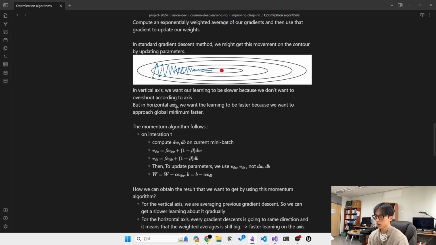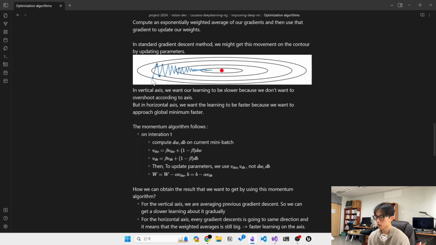Assuming that for W the axis is horizontal, and for b the axis is vertical, by averaging we may get a relatively large v dW because it has all the same direction.